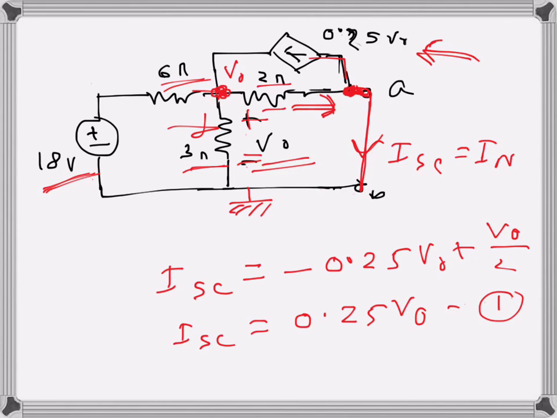Now I will write the nodal equation, the basically junction equation, for this node V0. So I will write Kirchhoff's current law for this node. I will write the currents as away currents on the left hand side, away from the node.